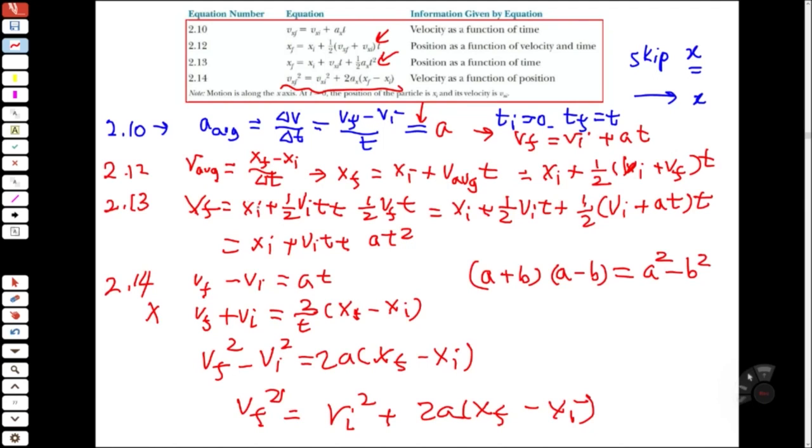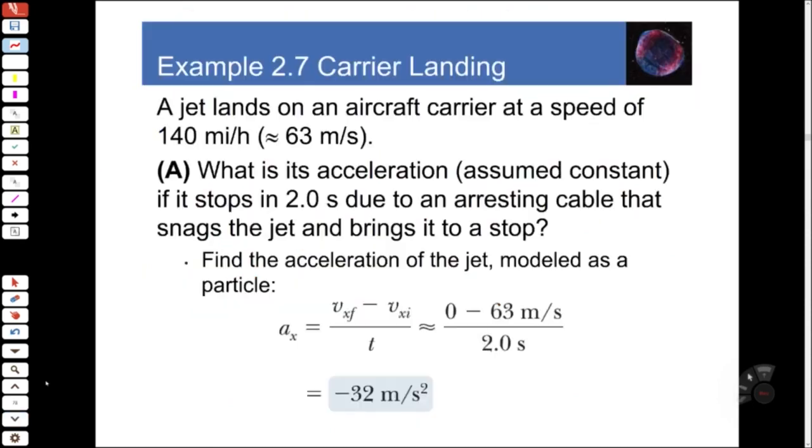So please go through this procedure and just remember this formula. Also, this is an example using just the definition of the basic quantities. A jet lands on an aircraft carrier at a speed of 140 meters per second. Whenever it comes to this, you always convert to standard units, meters per second.